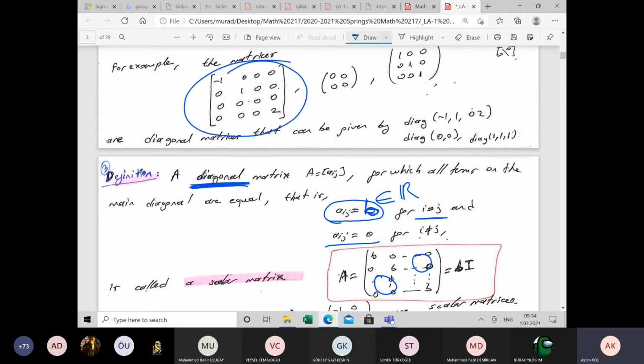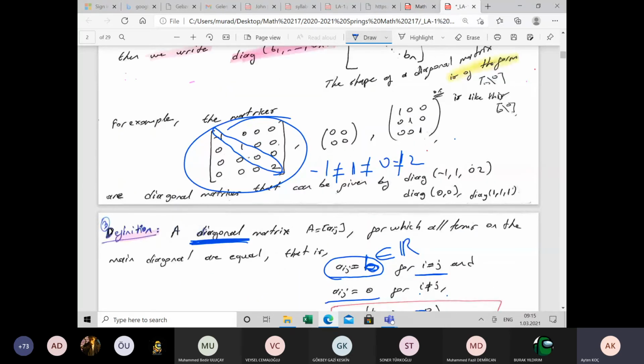So look at the first example. This one is square, yes. Diagonal, yes. But it is not scalar, because look at the main diagonal entries: -1 is different from 1, and 0 and 2. So this one is not scalar. Look at the next one. It should be diagonal, and yes, this one is square and diagonal, and the entries 0 equal 0.